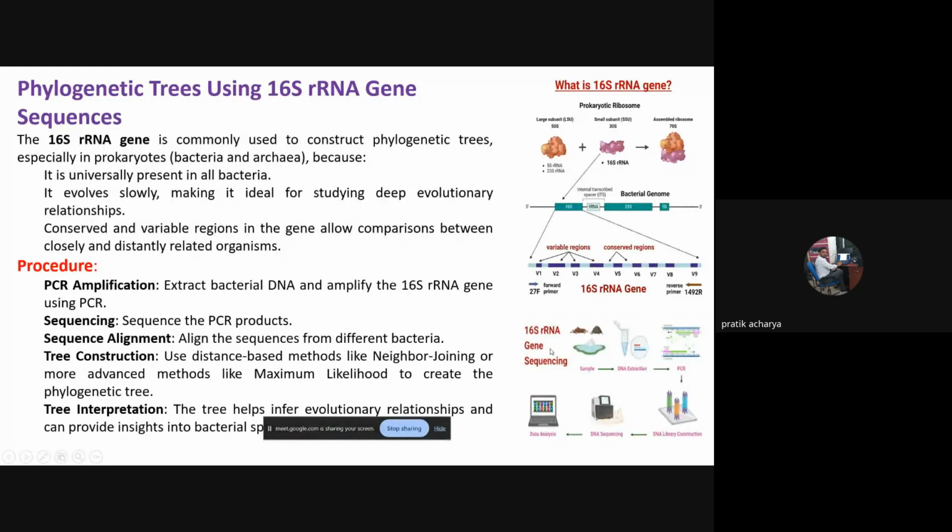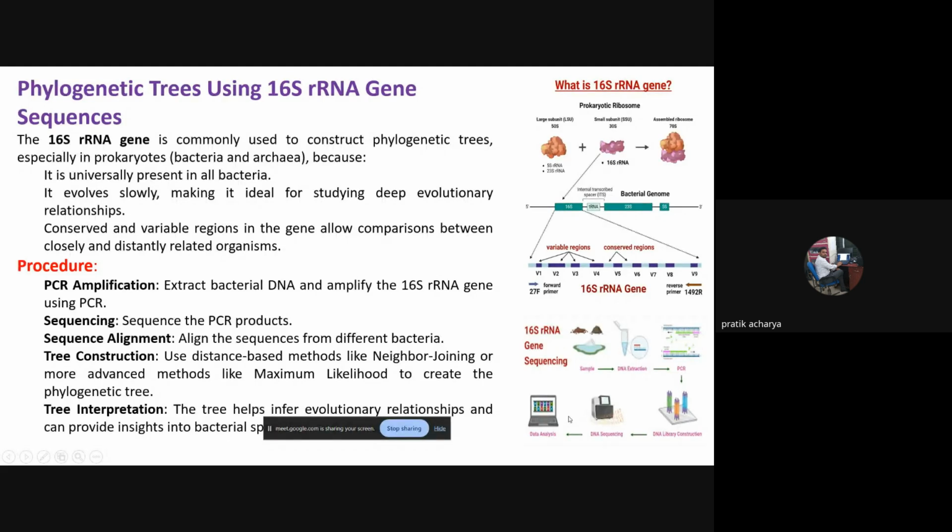We have to collect the sample from the species. Then these samples are subjected to extraction. That means DNA, RNA, protein extraction by microcentrifuge. After extraction, PCR, polymerase chain reaction, should be done for the analysis.